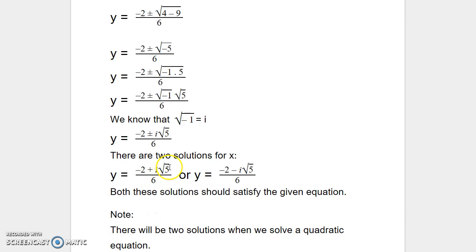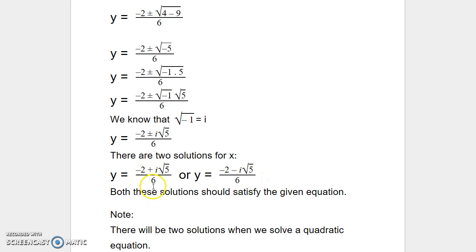So therefore we have two solutions for this particular problem: y is equal to negative 2 plus i square root of 5 divided by 6, or y is equal to negative 2 minus i square root of 5 divided by 6.